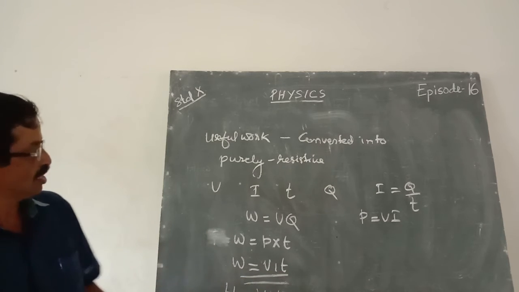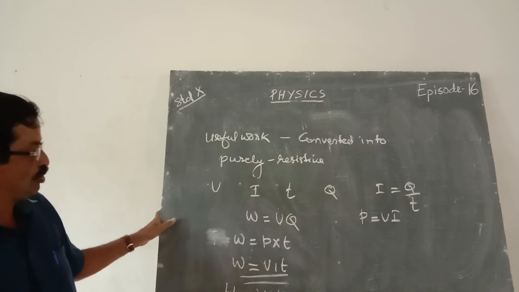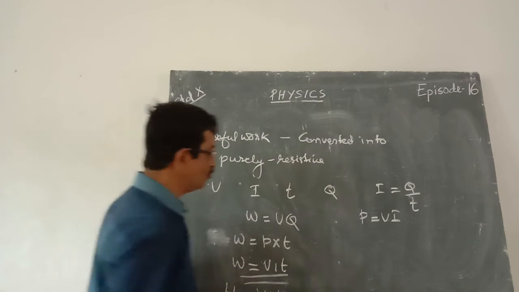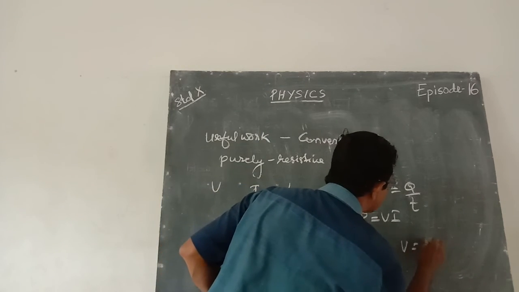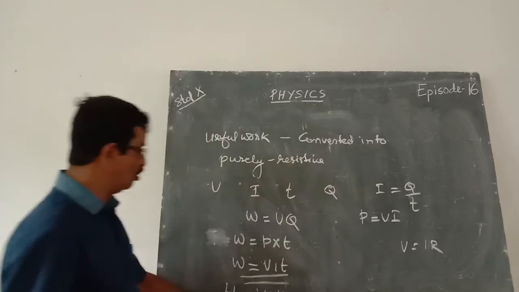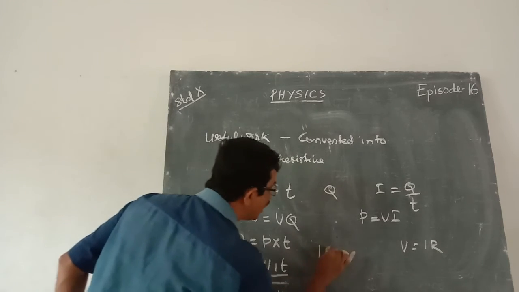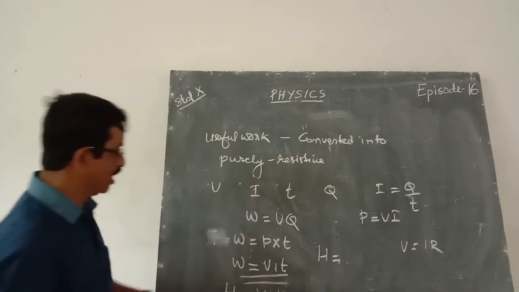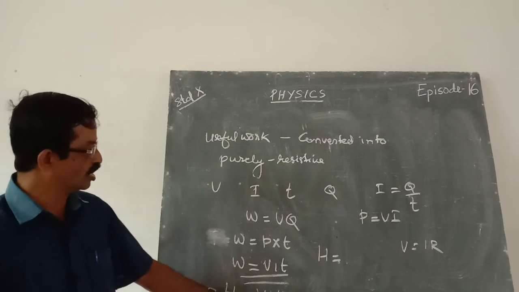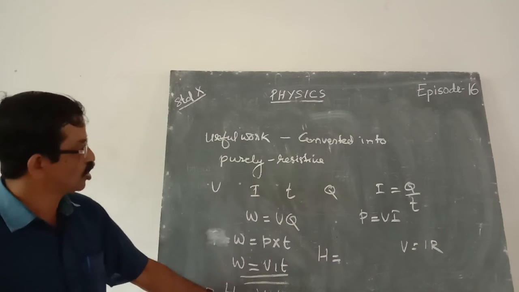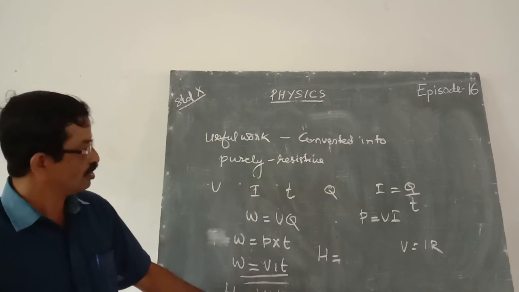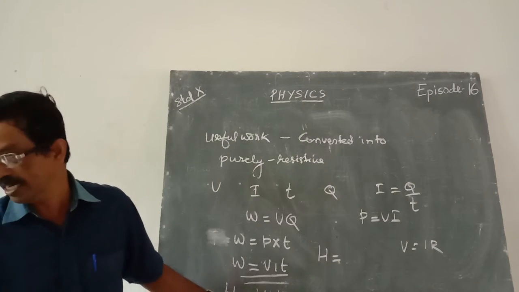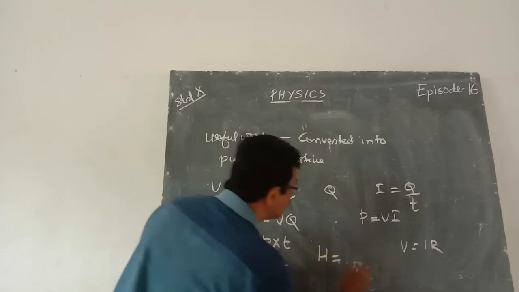By applying Ohm's law, we know V is equal to IR. So in this heat H, instead of V we can write IR.